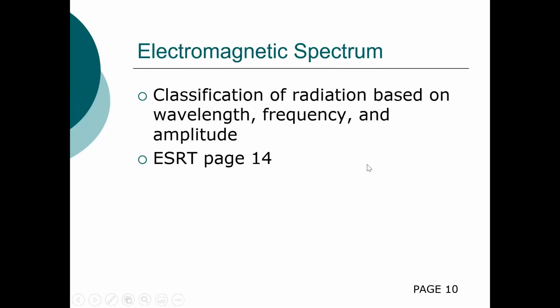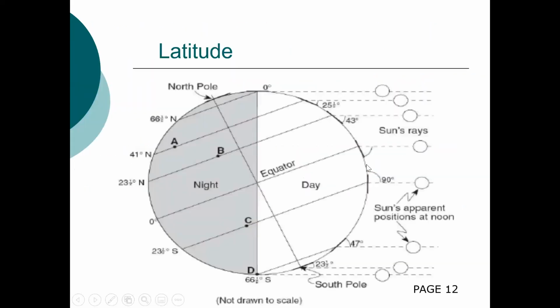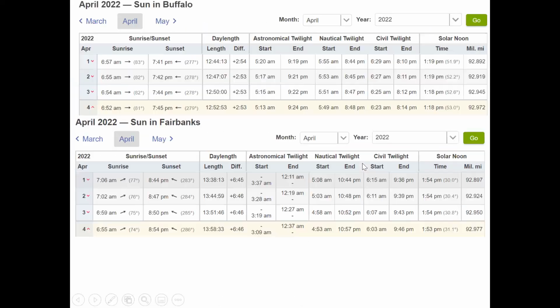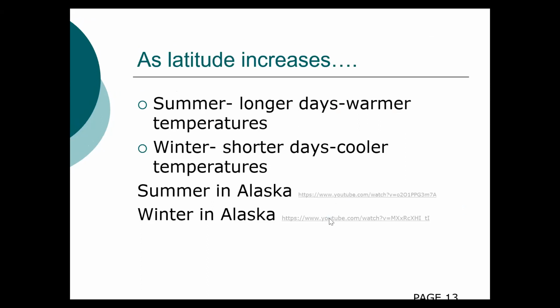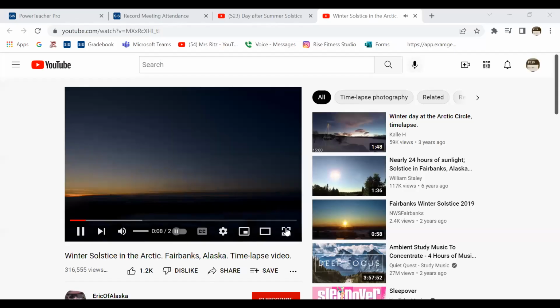Struggling with PowerPoint here today. Here's the first day of winter in Alaska. This one's better because it shows, oh, I did mess it up. I am not good at this. Sorry, we didn't miss anything.